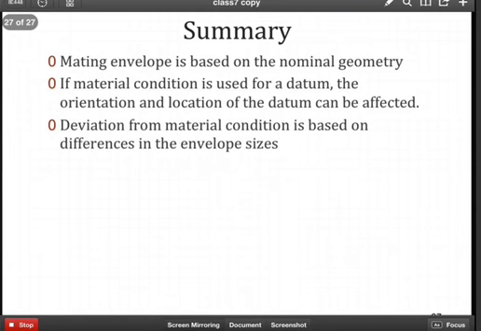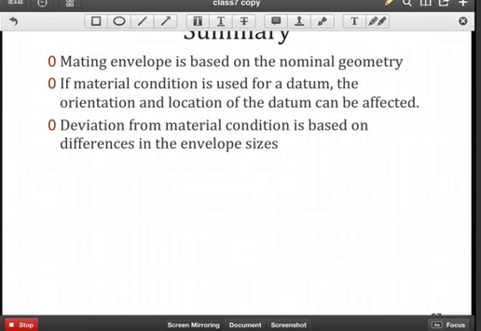So the mating envelope is always based on the nominal geometry. It's a perfect geometry. If we're using the material condition, the orientation and location of the datum can be affected. And the deviation from material condition is based on differences in the envelope sizes, again, between that mating envelope and the material condition envelope.